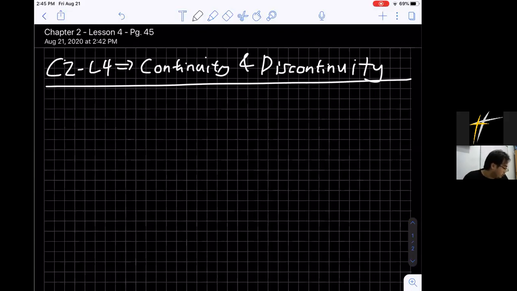Figure 2.4b is a removable discontinuity. So the function is not continuous on that graph because there is a gap there at x equals c. On figure 2.4c, it is also not continuous when x equals c, even though the value of the function is defined.